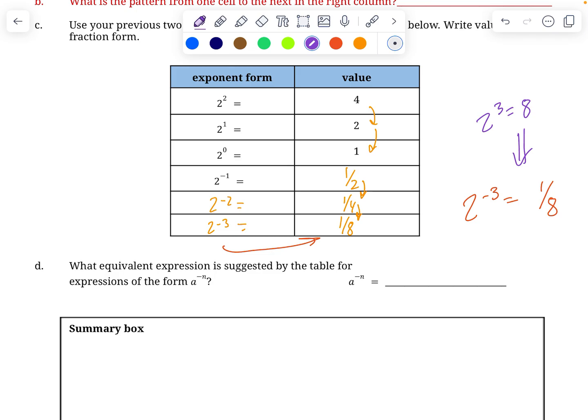That's the rule. 2 to the 3rd is 8, so 2 to the negative 3rd is 1/8. What's 2 to the negative 2nd? It's 1/2 to the 2nd, so it's 1/4. So negative exponents flip it to the denominator. So what's a to the negative n? It's 1/a to the n. Flips it to the denominator and makes it a positive exponent.